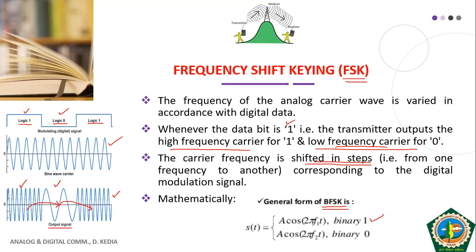During binary 1, my output will be the multiplication of my information signal with the corresponding carrier frequency. During 0, my output will be the information signal and the corresponding frequency of the carrier. Mathematically, for binary 1 my frequency is F1, for binary 0 I have frequency F2. So during 1 or 0 my frequency will hop from one frequency to another. This is frequency shift keying.